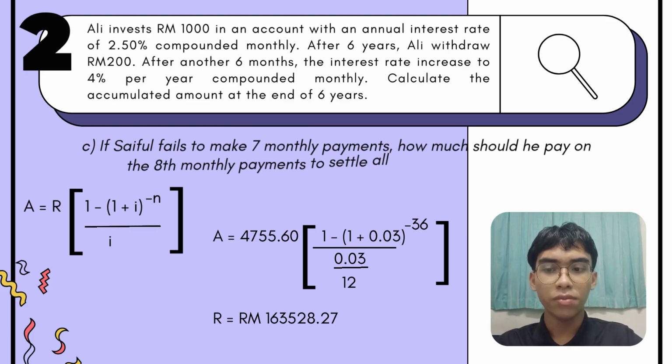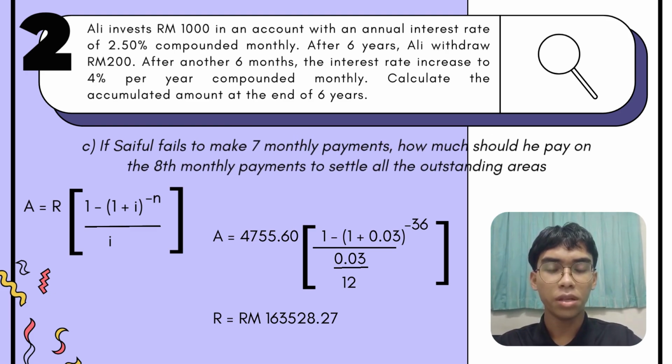C. If Saiful failed to make the 7th monthly payment, how much should he pay on the 8th monthly payment to settle all the outstanding arrears? So we use the present value formula.